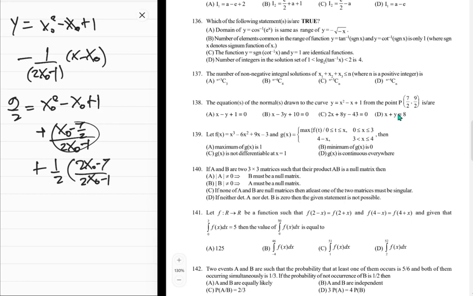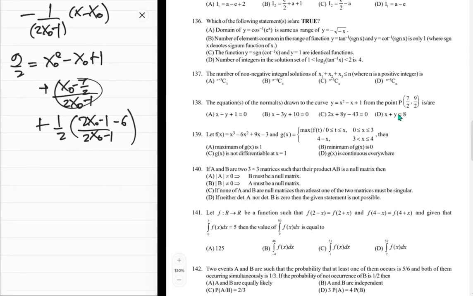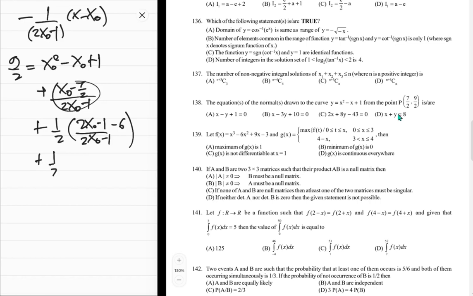You can definitely write this as minus 1 minus 6, so it's just plus 1/2 into 1 minus 6/2 x naught minus 1, right? In other words, 1 minus 3/2 x naught minus 1, that's what we are looking at. Oops, 1/2, right? This becomes this.